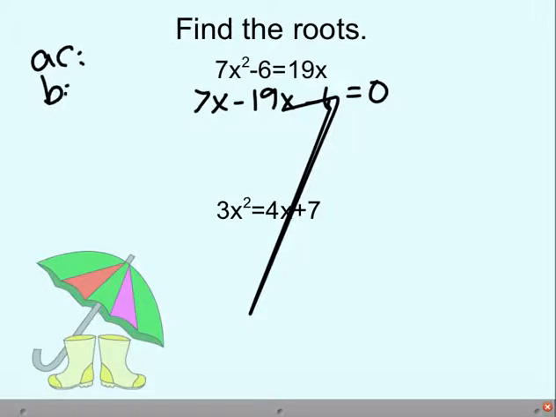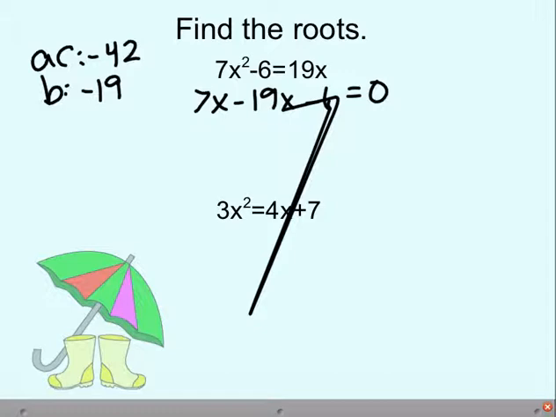So we look at A and C, so 7 and -6. We multiply those and get -42. And our B value is -19, which means I need something that multiplies to -42 and adds to -19.